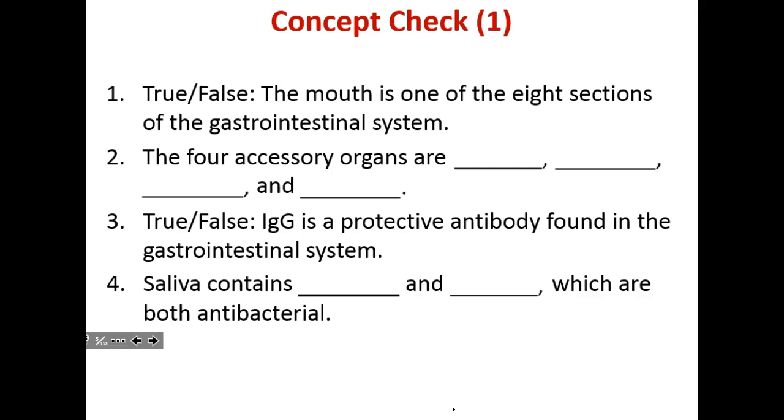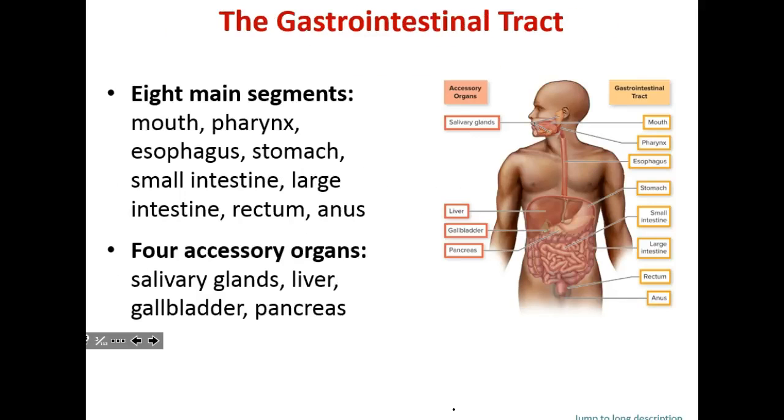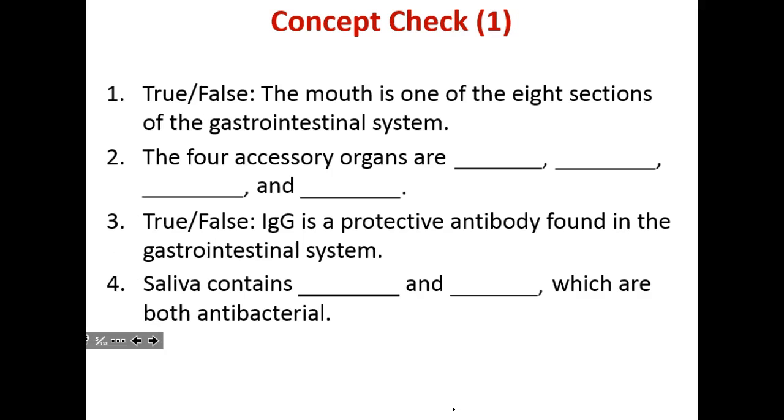The mouth is one of the 8 sections of the gastrointestinal system. True or false? False, you say? I heard somebody say false. What are the 8 main segments? Mouth, pharynx, esophagus, stomach, small intestine, large intestine, rectum, anus. So number 1 is what? True.